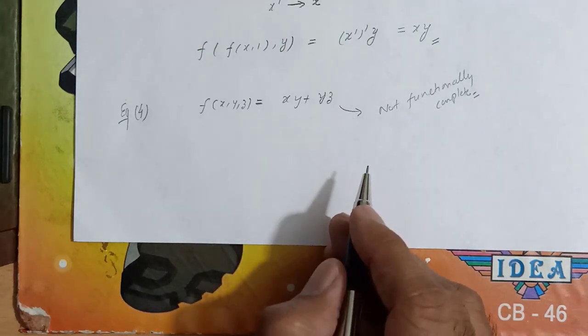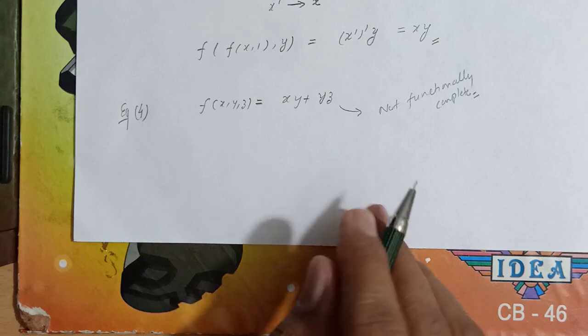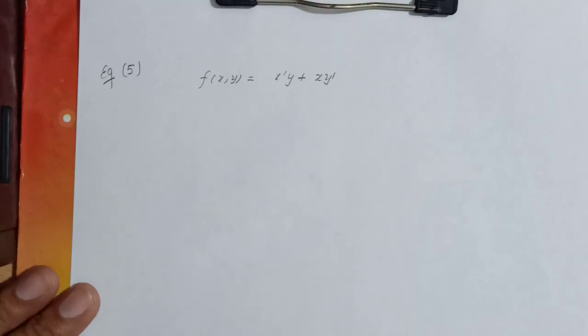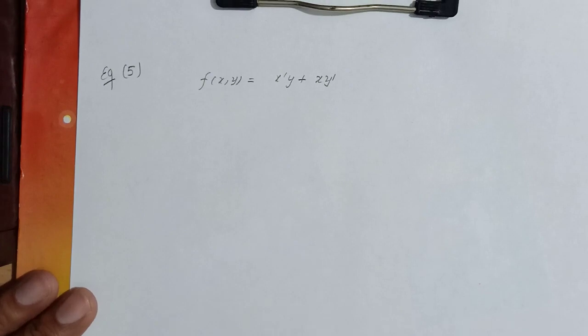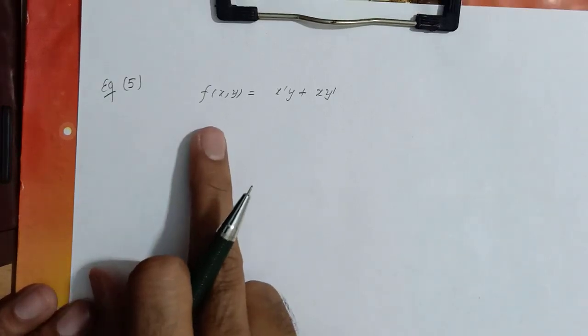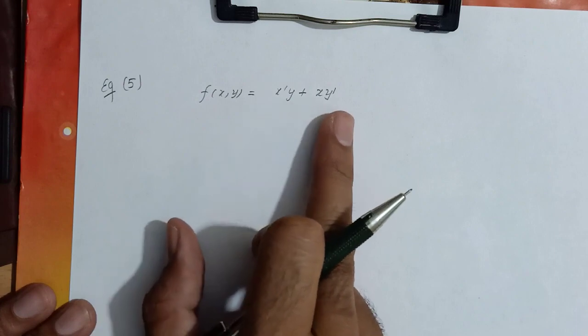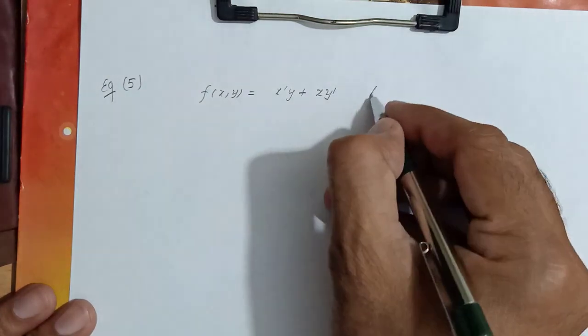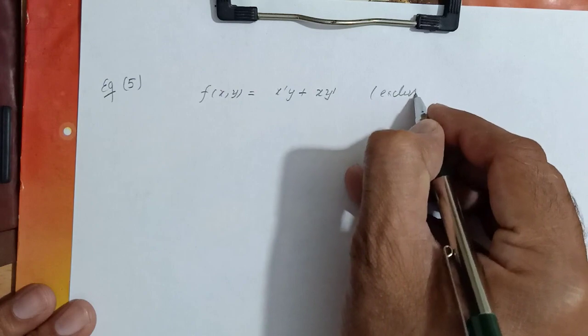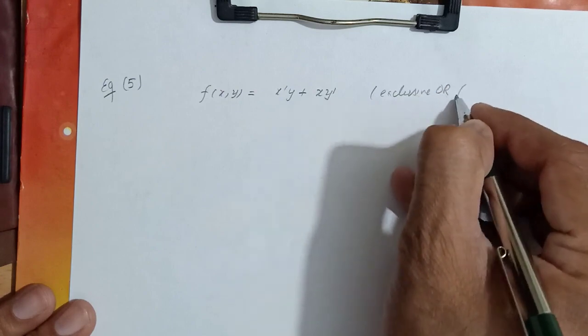Okay, so now we will look into another example. This is the given function f(x, y) equal to x'y plus xy'. So this is nothing but the exclusive OR function.